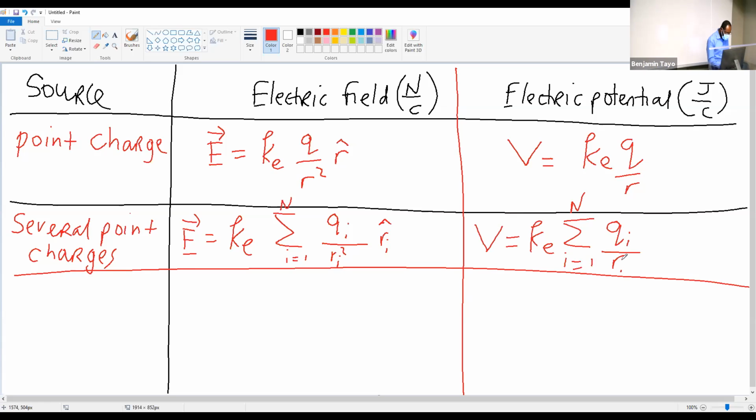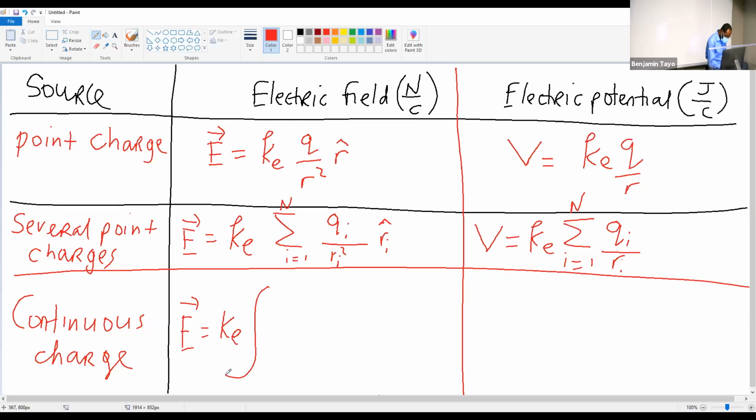Then finally, what happens when you have a continuous charge? For a continuous charge, the electric field is equal to KE integral of dq divided by r squared.